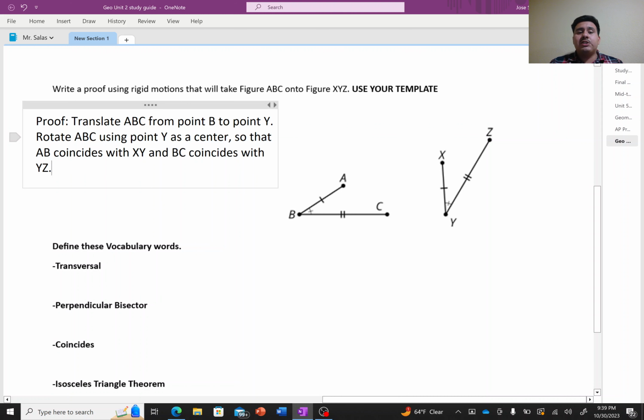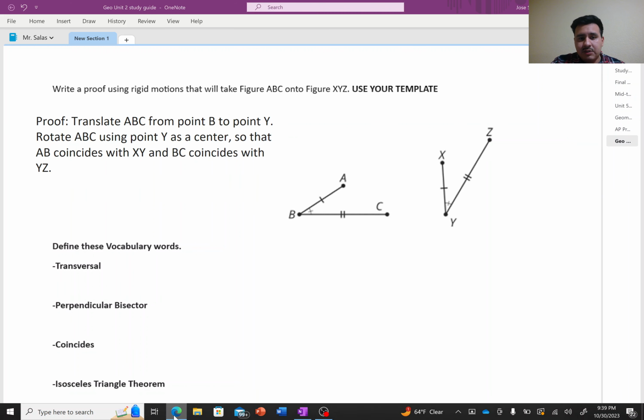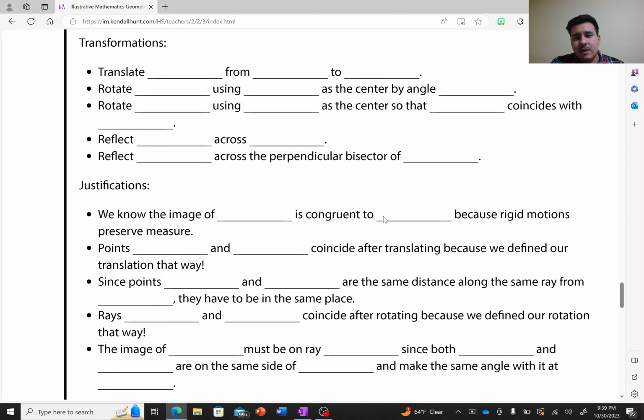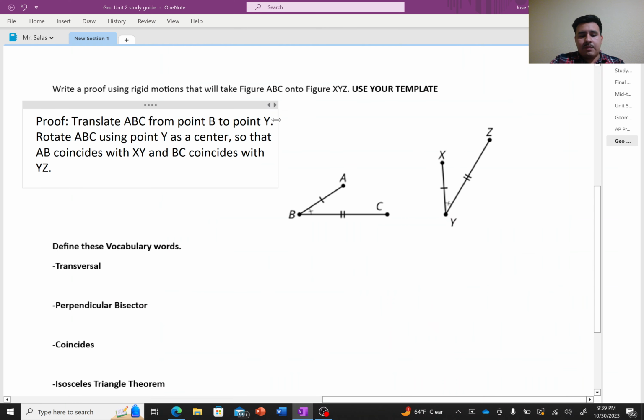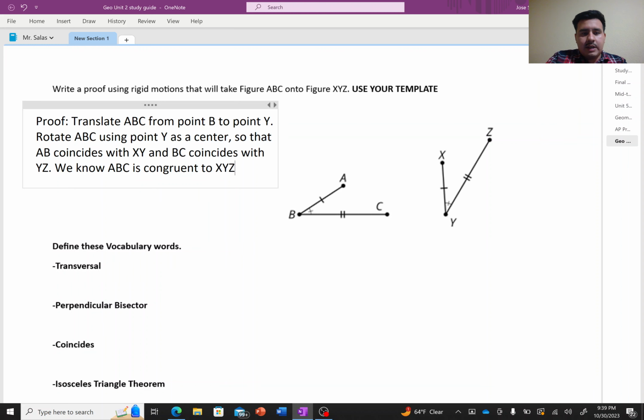So next up, I'm going to write my justification statement. My justification statement is going to be the top one. So this one right here. I'm going to say, we know ABC is congruent to XYZ because rigid motions preserve measure.